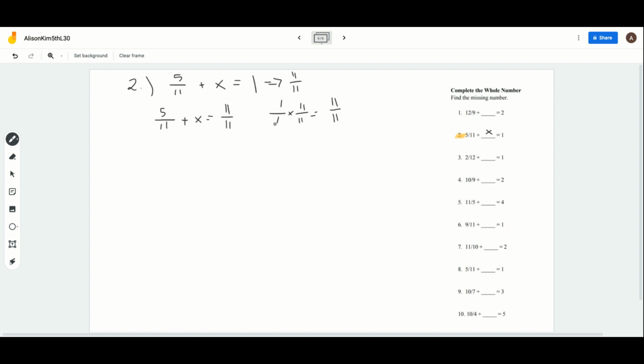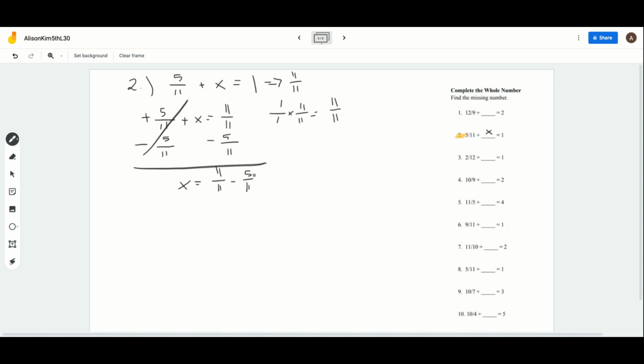Now we can solve for x. We need to have x by itself, so we're going to subtract 5 over 11 from both sides. This will cancel out, because positive and negative. So we're left with x equals 11 over 11 minus 5 over 11.